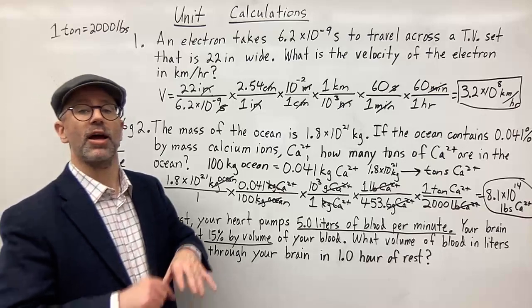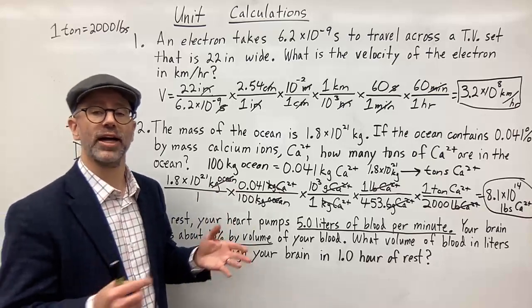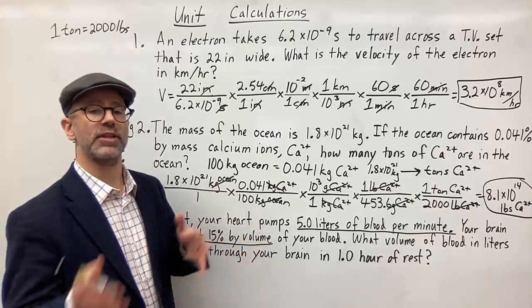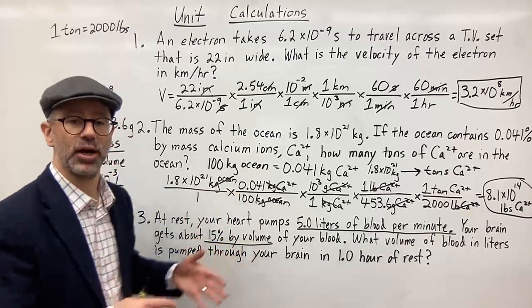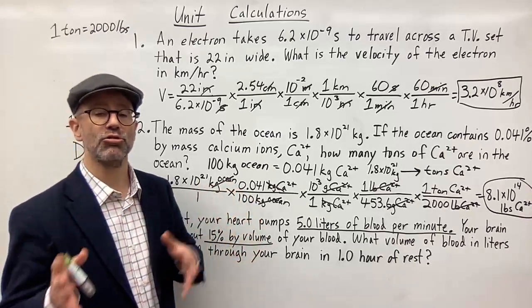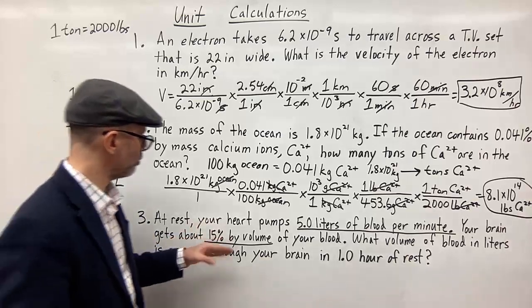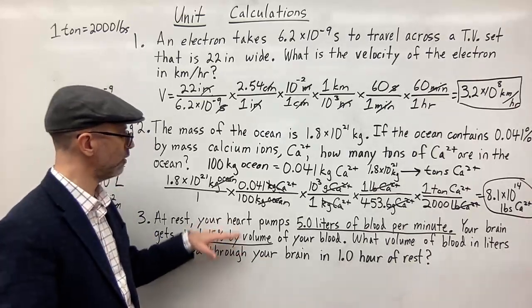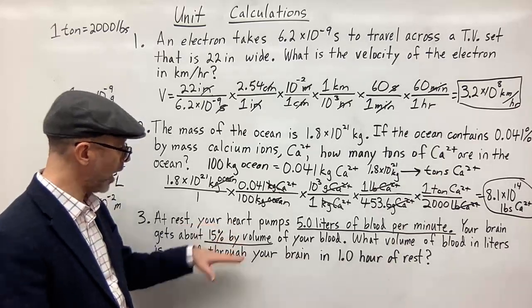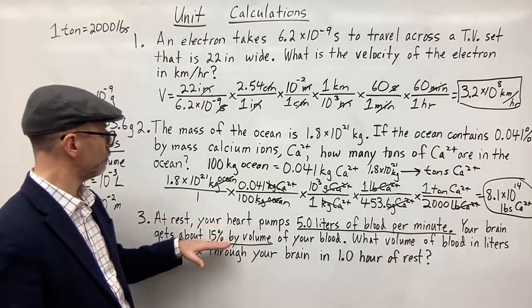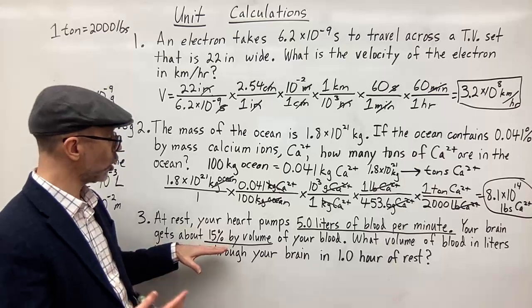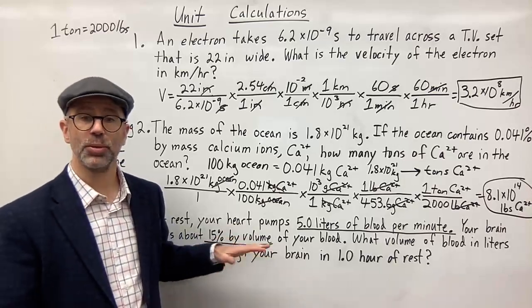For every 100 liters of blood that go through your heart, 15% of that blood, 15 liters, goes to your brain, right? So out of 100 liters of blood to your body through your heart, 15 liters goes to your brain.